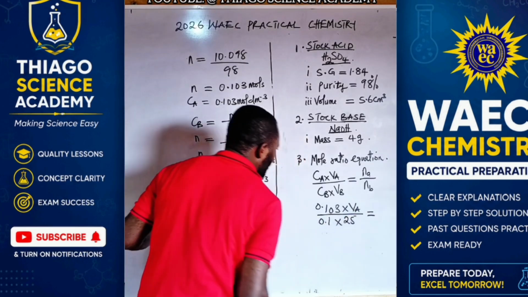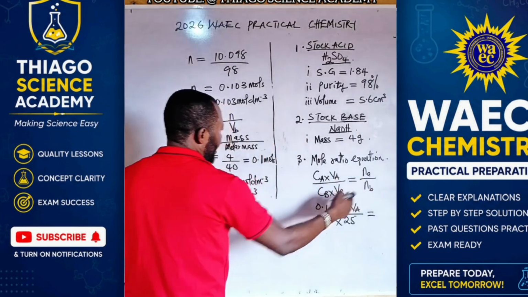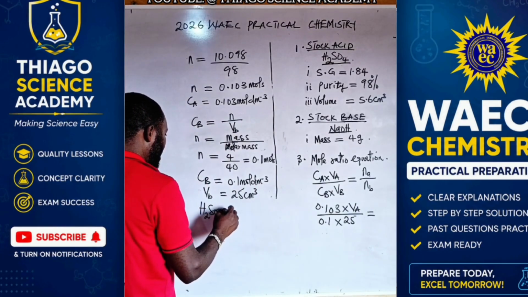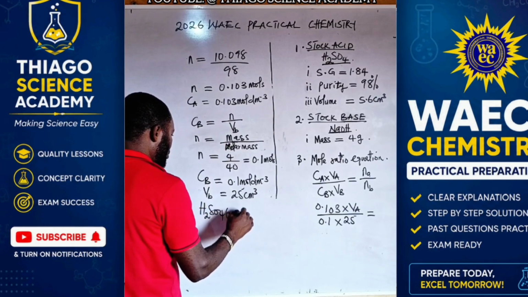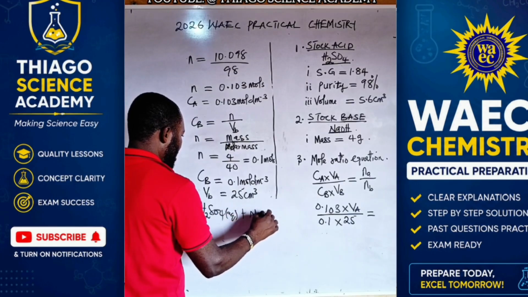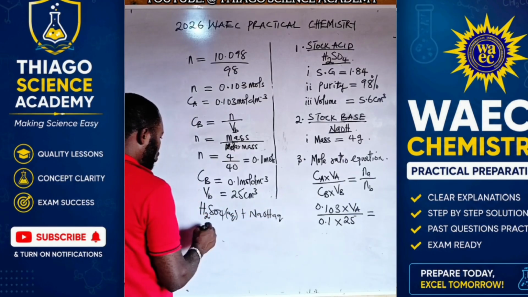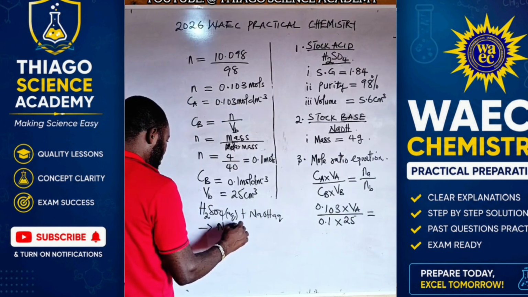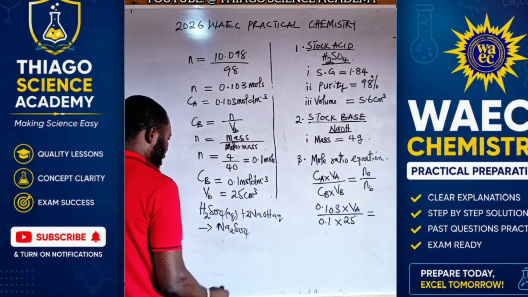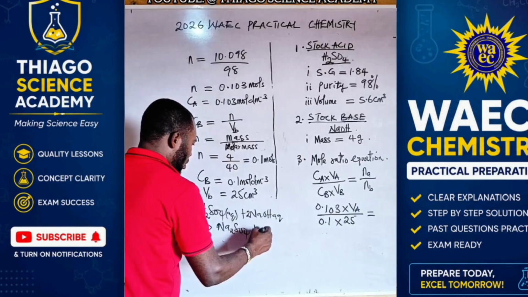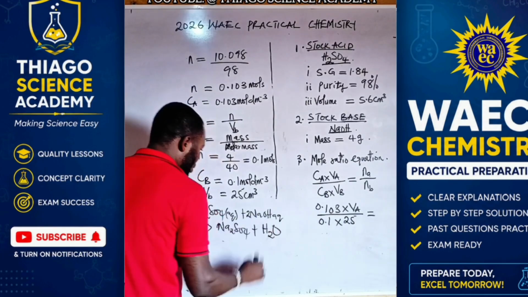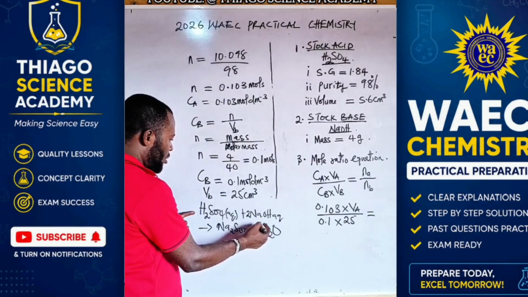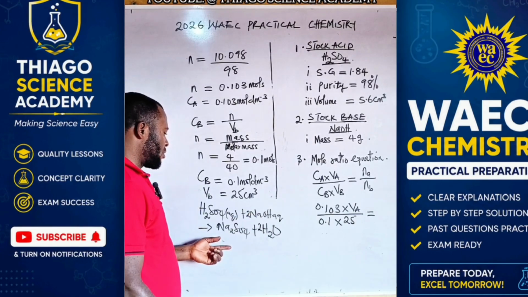Then to get your Na, carry out this reaction: H2SO4 aqueous reacts with sodium hydroxide aqueous to produce salt. Salt is disodium tetraoxosulfate, so I need 2 here, then plus water, H2O. So now we put 2 here to balance the reaction.